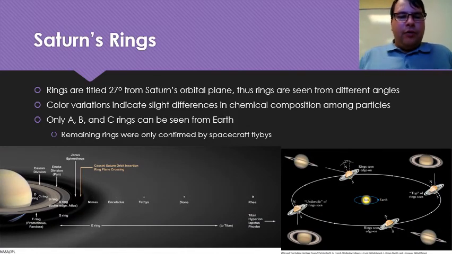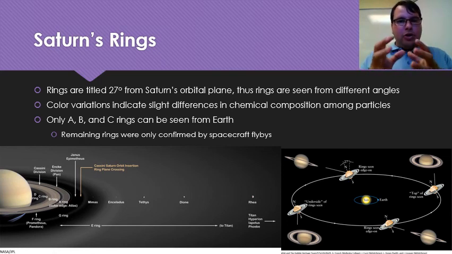So if we look at Saturn's rings to understand what a planetary ring is made out of, what we notice with Saturn is that it has multiple ring structures. And each of these ring structures is composed of quite literally millions of little particles, sometimes even smaller chunks of ice and rock.